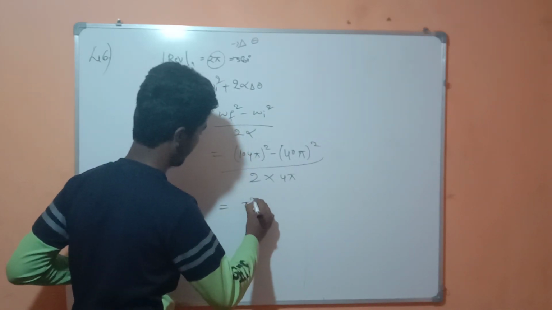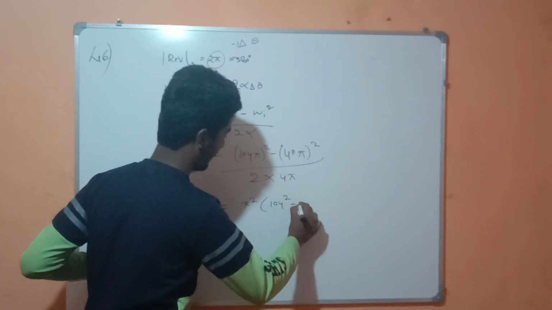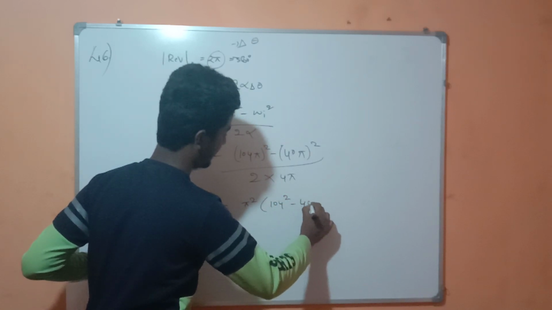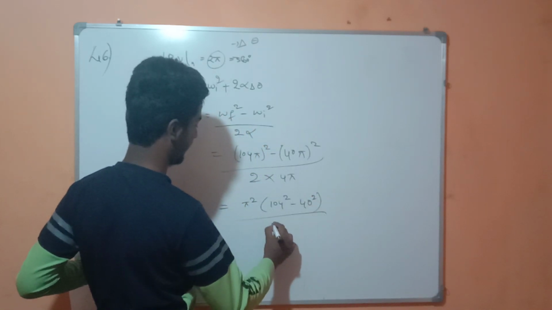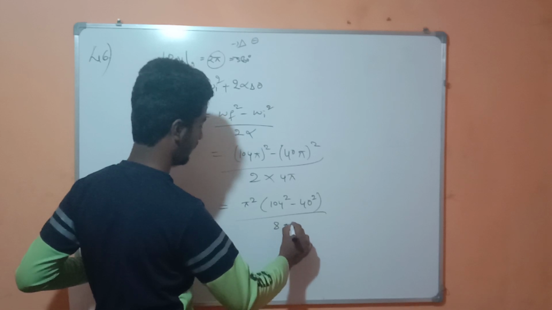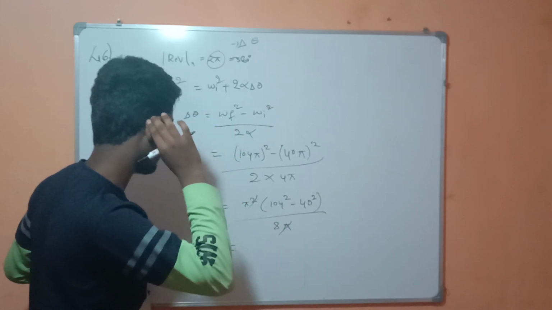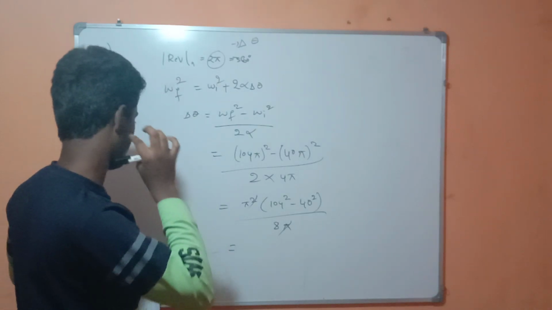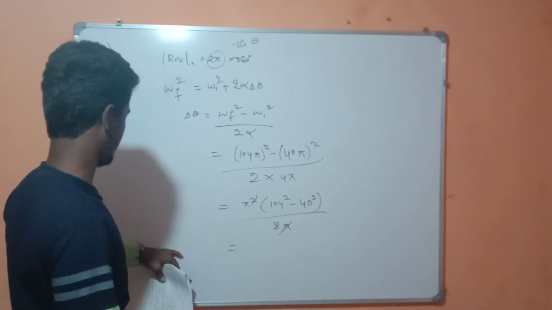Pi squared into 104 square minus 40 square. Here 2 into 4 pi is 8 pi. One pi cancels. Next, let me calculate 104 square.